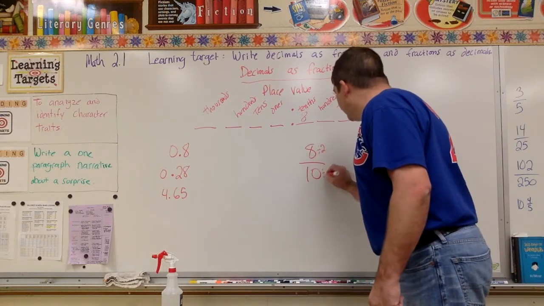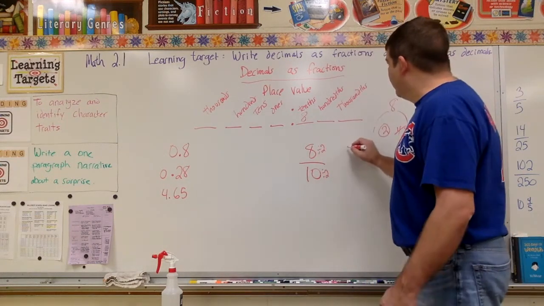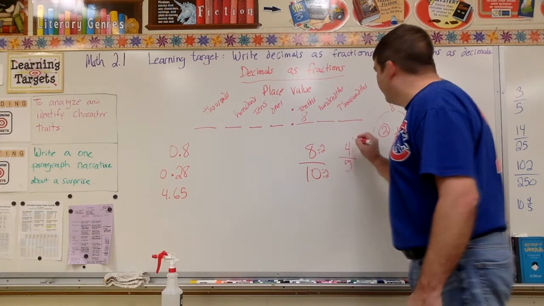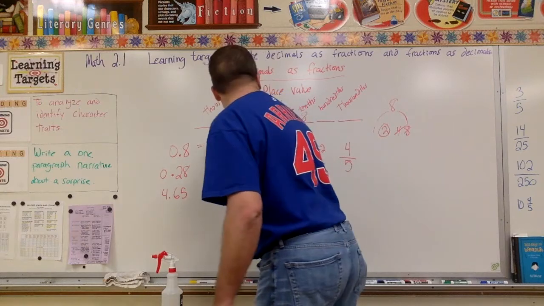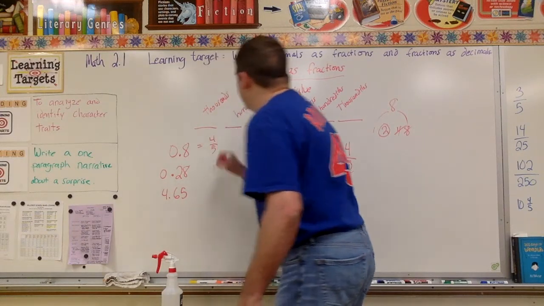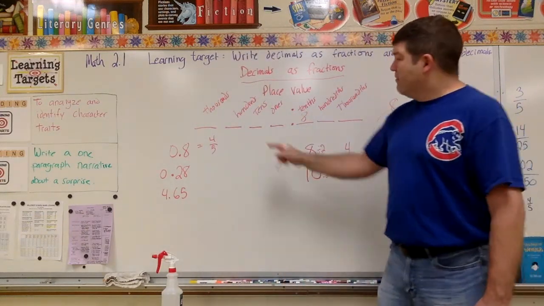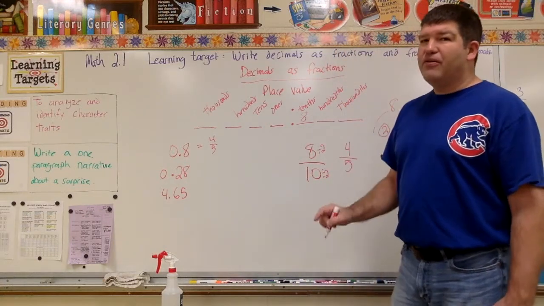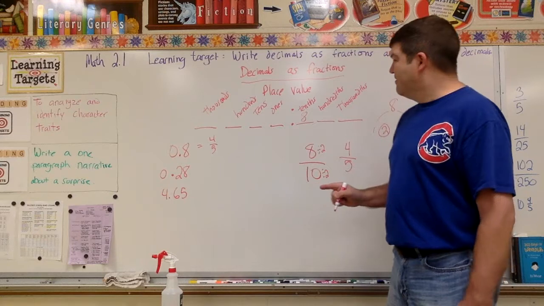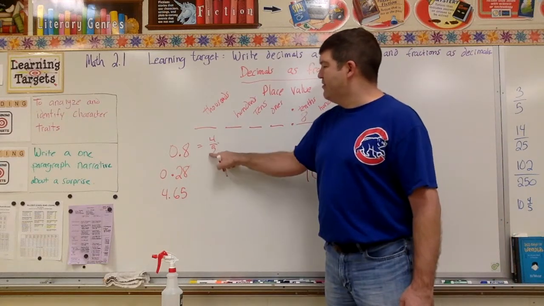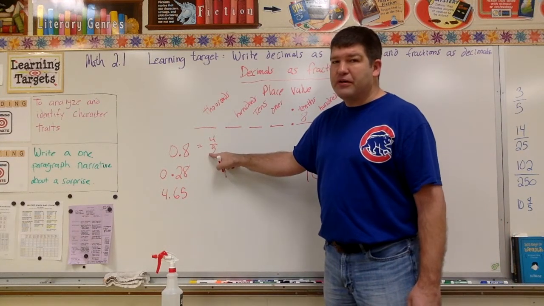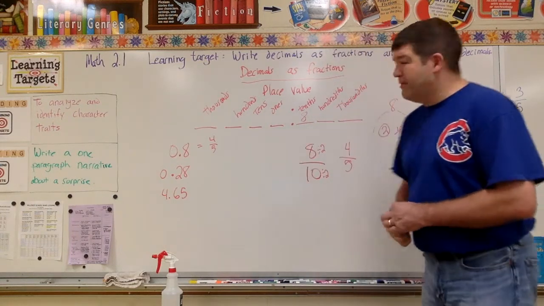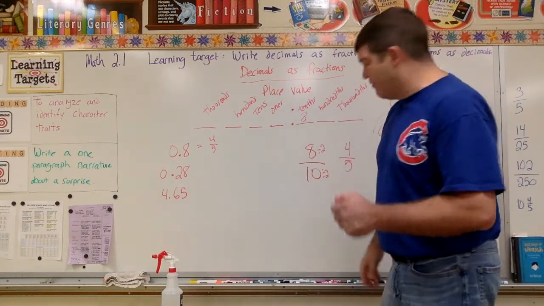I divide each by 2. 8 divided by 2 is 4, and 10 divided by 2 is 5. So 4/5. 4/5 is the same as 0.8 or 8 tenths. Okay? I converted this to a fraction, and then I simplified it to its simplest form, which is 4/5.